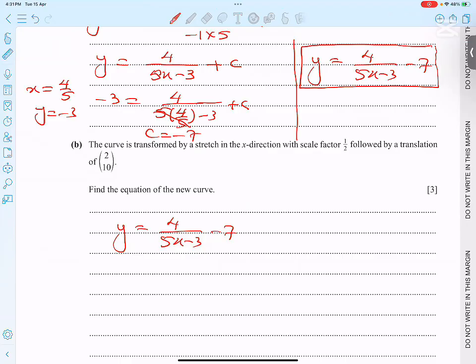According to the demand of the question, he's saying here: transform by stretching along the x-axis with a scale factor half. And let me tell you, if I have this kind of bracket with an x inside, if it is stretched parallel to the y-axis, this half will come outside without any change. But if it's parallel to the x-axis, take the reciprocal of this.